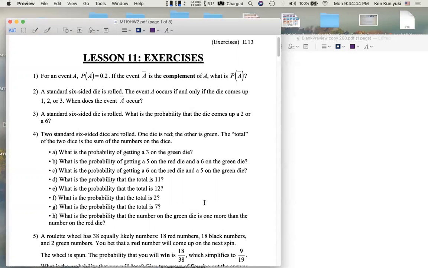On lesson 11, number 4, there are many of these, A through H. Is there a particular one you want to hone in on? Let me take a look at a sample here.